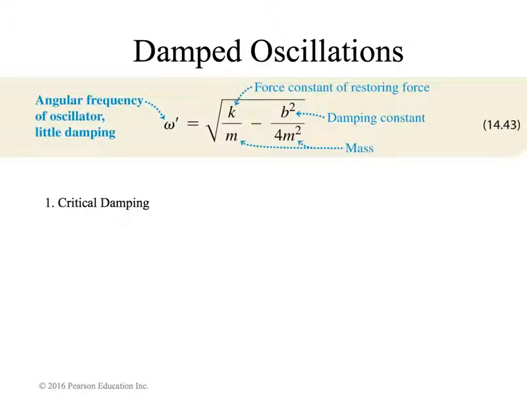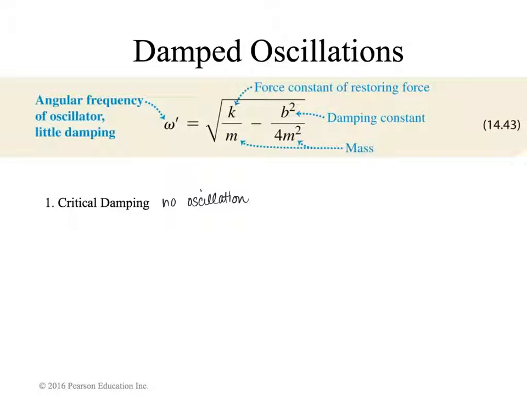The first is called critical damping. In critical damping, we don't have any oscillations. If this oscillator is released from some initial amplitude, it will come back to equilibrium without going through an oscillation. Critical damping means that it comes to equilibrium as quickly as possible.